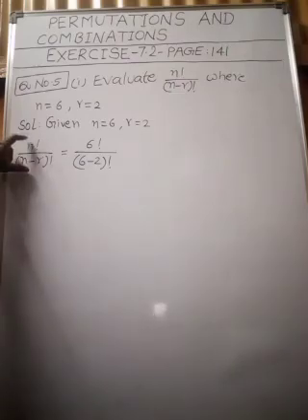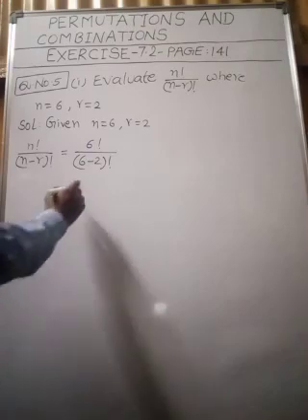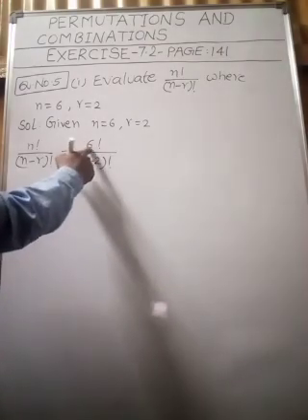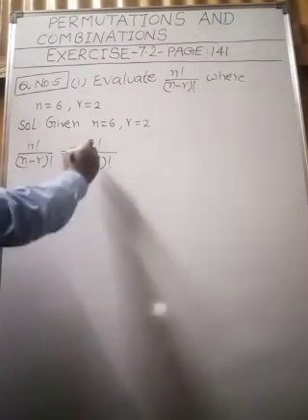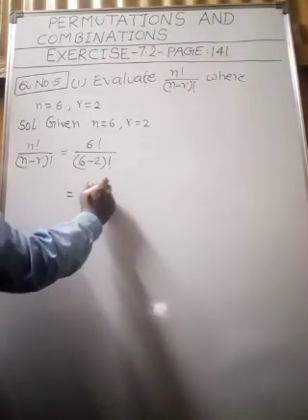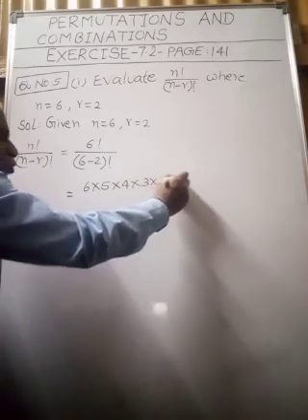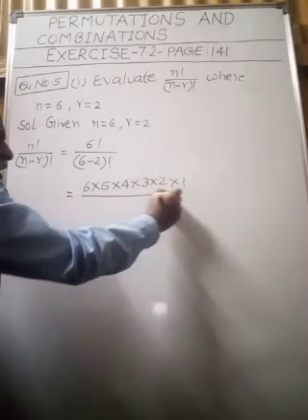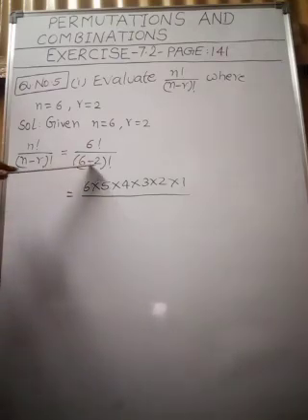In this expression I am substituting n and r values. Then in the numerator, what is there? 6 factorial. How do you find 6 factorial? 6 into 5 into 4 into 3 into 2 into 1 whole divided by. Understood this numerator, my children? Right. Come to the denominator.